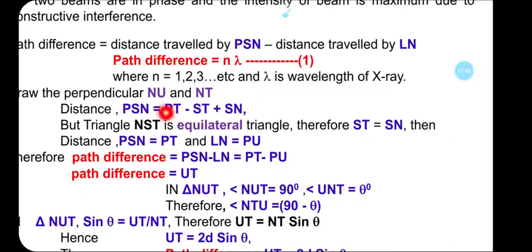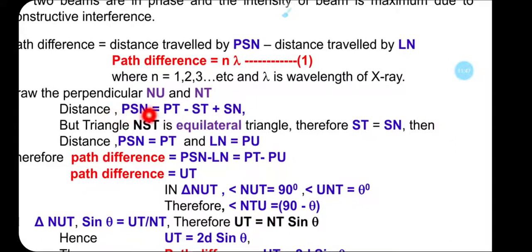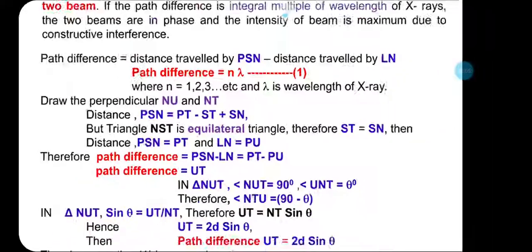Then the distance PSN, that means the second X-ray beam, is equal to PT minus ST plus SN.